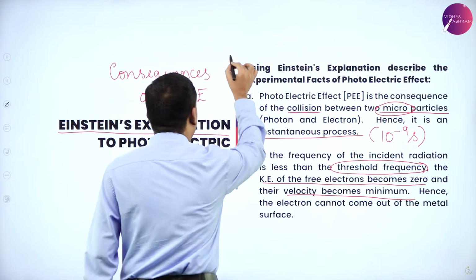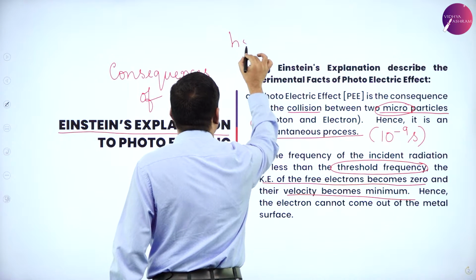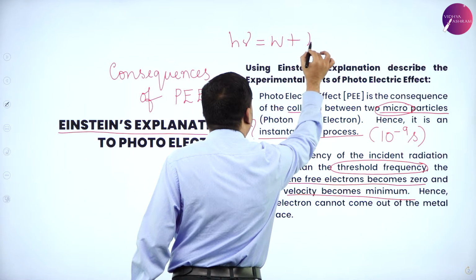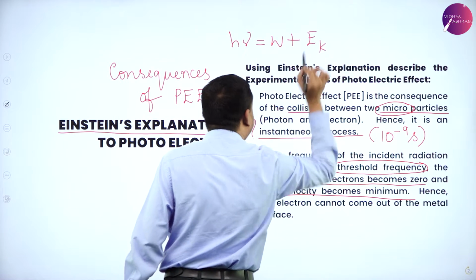See, we wrote h nu is W plus kinetic energy.